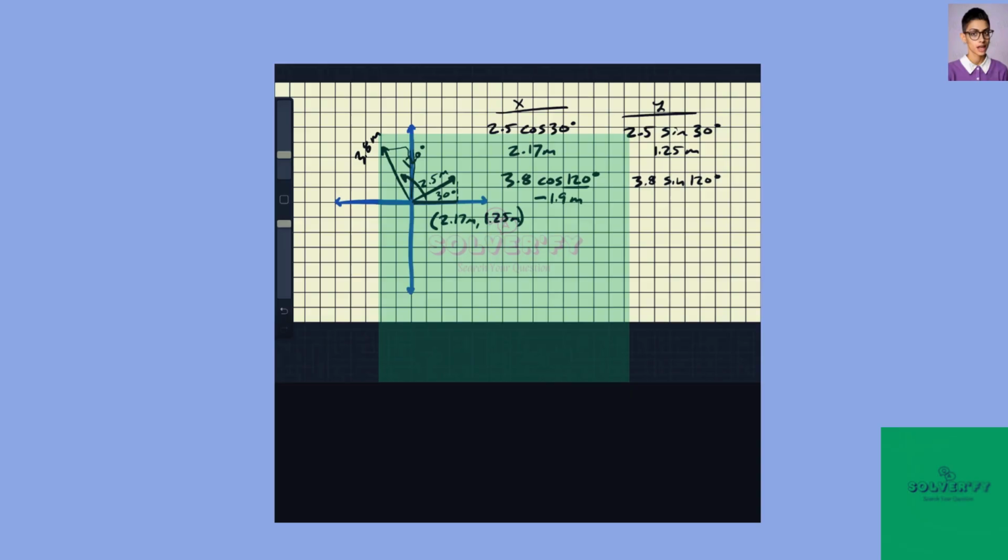And when we use our calculators, that's 3.29 meters. And so that gives us a Cartesian coordinate of minus 1.9 meters and 3.29 meters. And we can draw a nice box around those 2 answers. And those are our Cartesian coordinates.